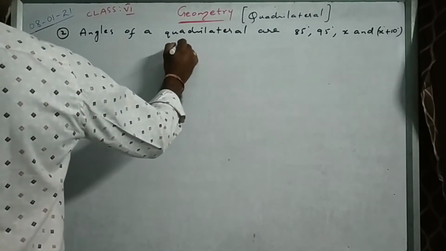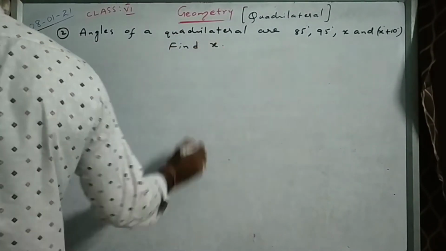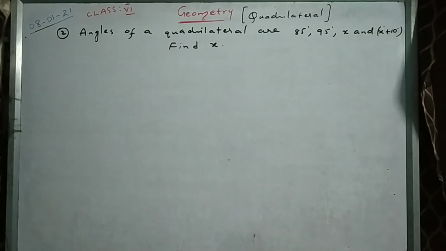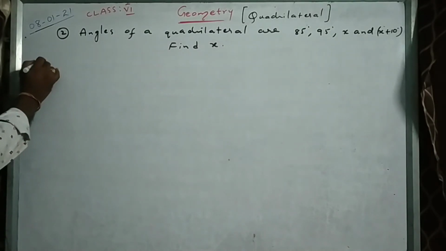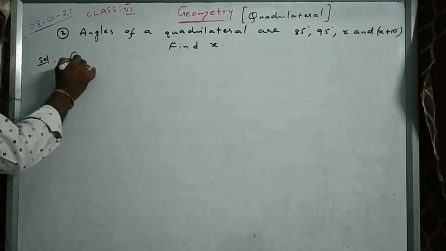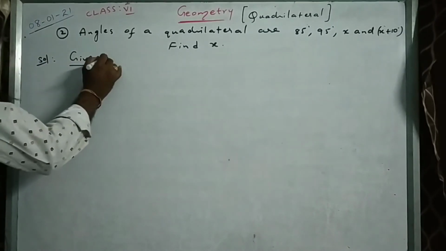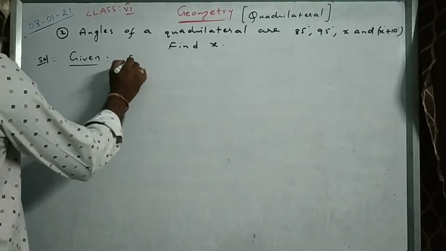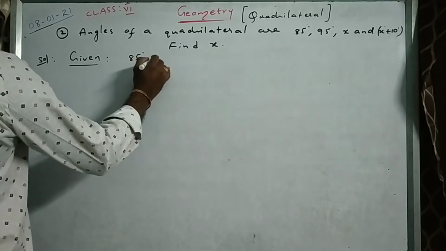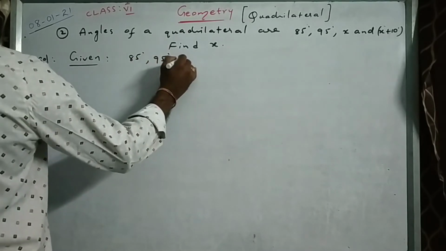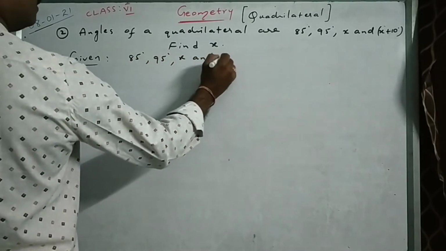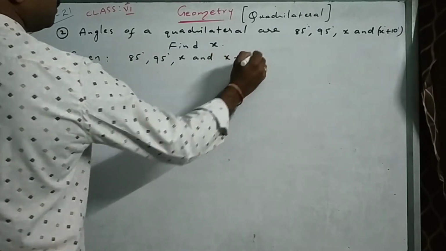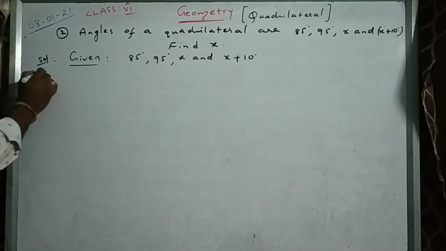Find x. We are given four angles here: 85, 95, x and x plus 10. I should find the value of x.